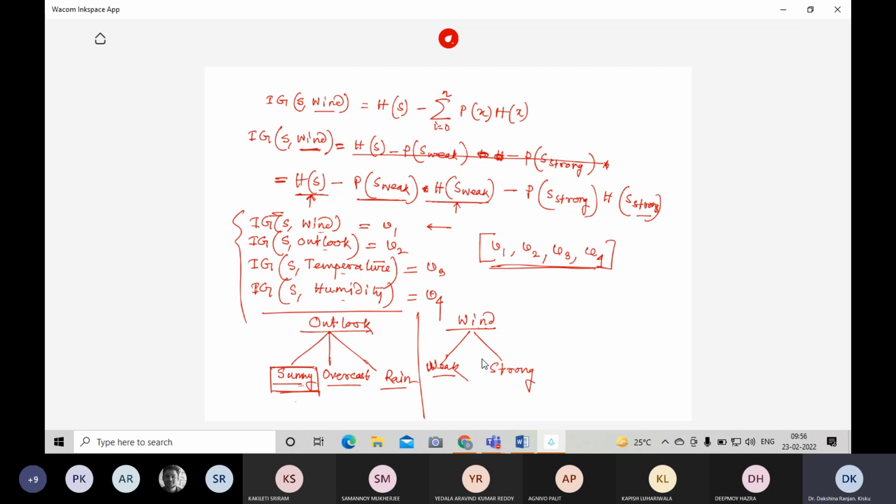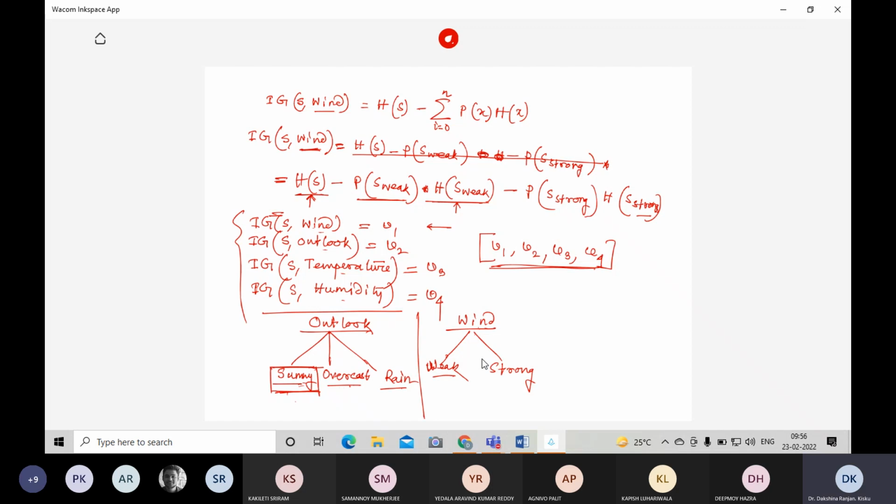Now in this case the data set becomes narrower. Initially we worked on the entire data set; now we will work on a subset of it. The same process will be repeated to get the information gain, so that we can further divide among sunny, overcast, and rain.